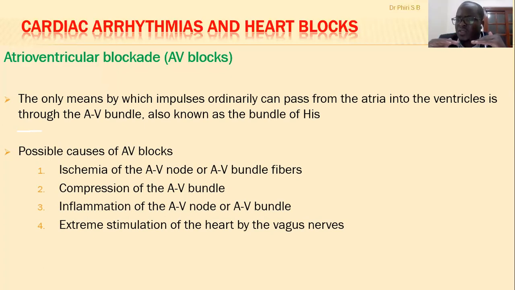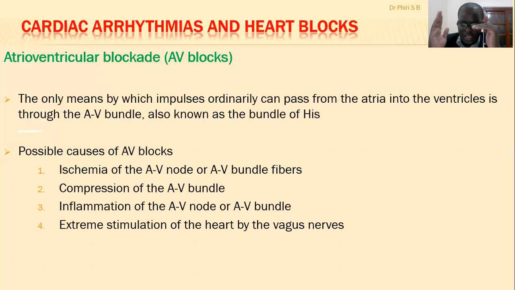When you start looking at the respiratory system with Dr. Mshalati, he will tell you that during inspiration, there is a decrease in vagal activity, so there is an increase in the heart rate.